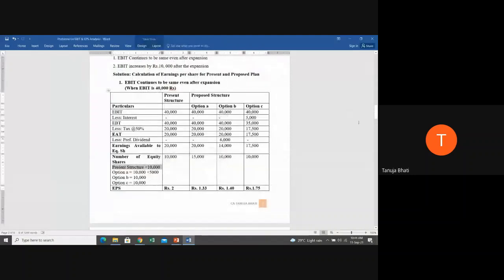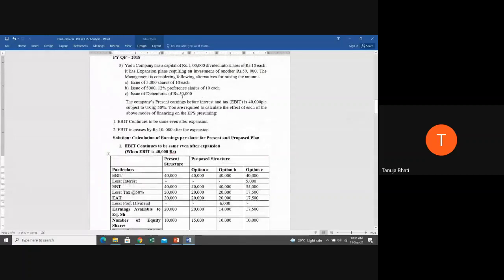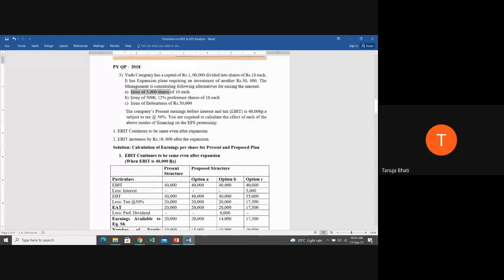Okay. For option A, it is going to be the present structure, that is 10,000 plus your 5,000. So total it will be 15,000. For option B, it is completely through preference shares. So new equity shares will not come into picture, but the current present 10,000 equity shares will come into picture. The option C also, it is issued completely through debentures.